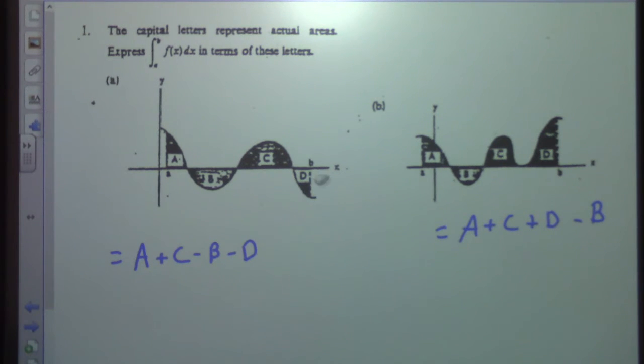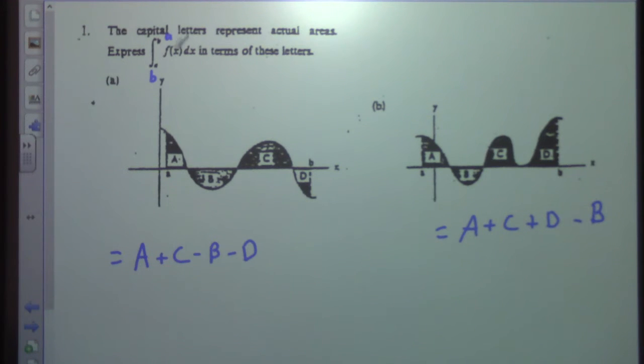And so a lot of the problems in this section of the course are going to be involved in just keeping straight what's above the x-axis, what's below the x-axis, and what order this is going in. Sometimes one tweak you'll see on this type of problem: what if it's the integral from B to A?